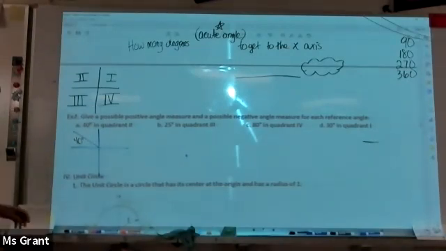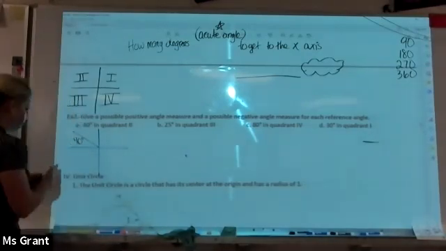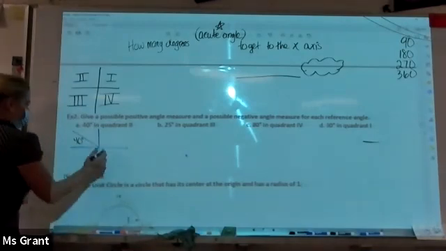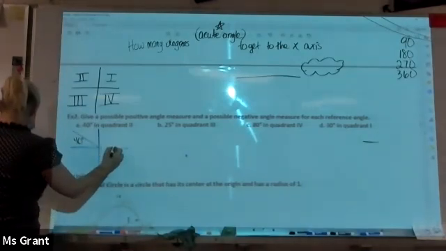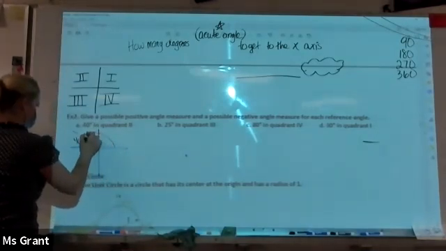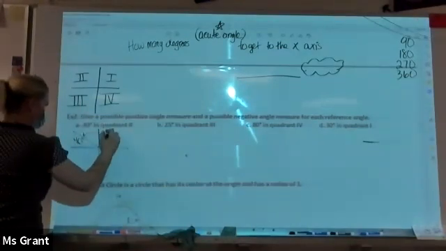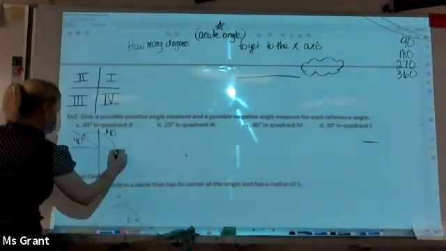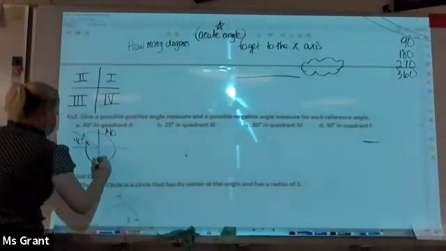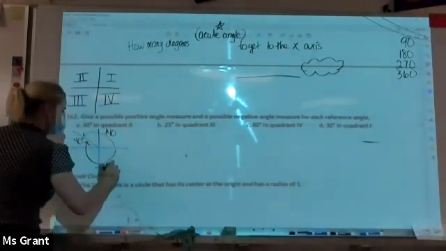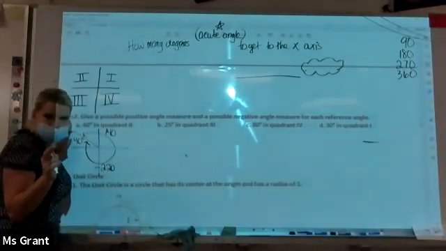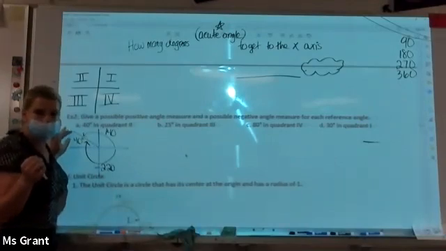So here's what I want to know. If I go from my initial position, it's 140, yes? If I go negative, it's negative 220. Do you see what I did? I had to be in quadrant 2. I was told to make a 40-degree angle.